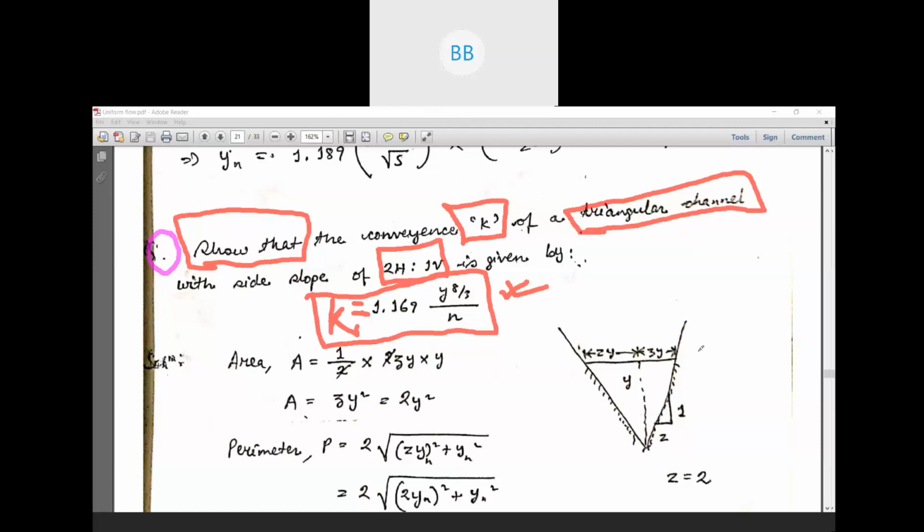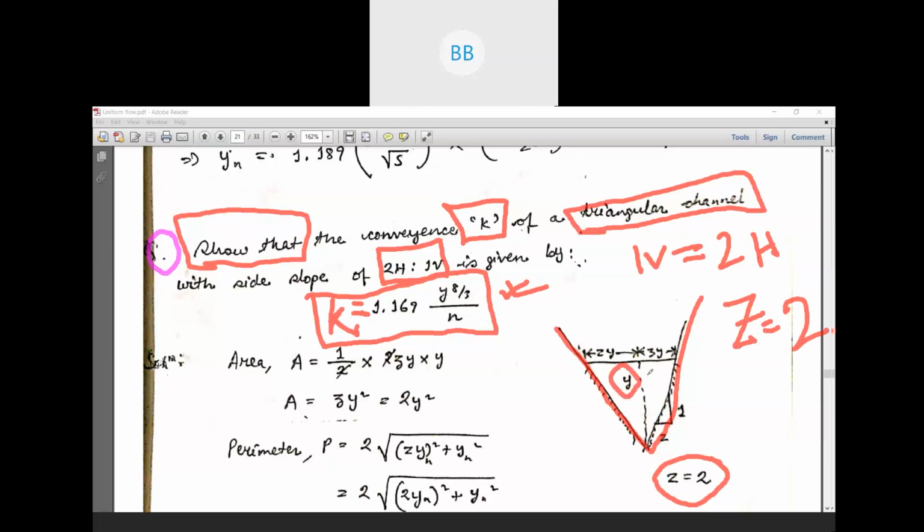Again we have considered the triangular channel. Here z is equal to 2, so one vertical to 2 horizontal. In this case z is equal to 2, and y is the depth of flow.